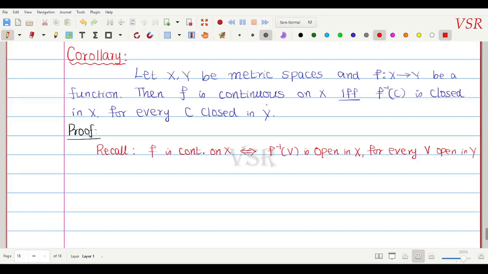We are going to recall this theorem and use it here. Of course this is the corollary to this theorem.